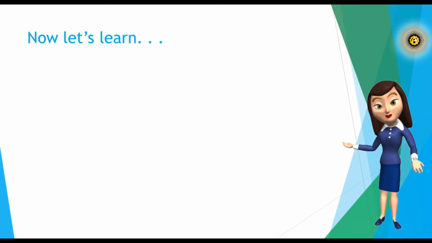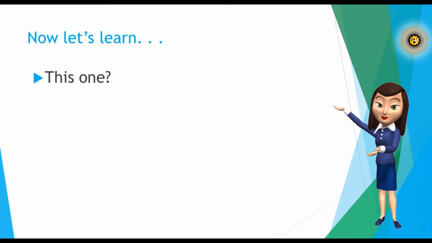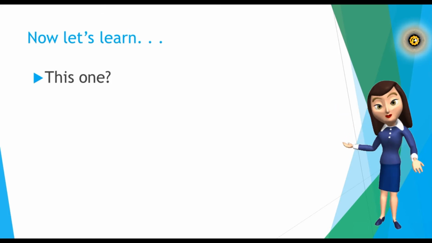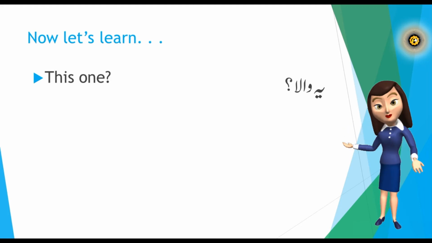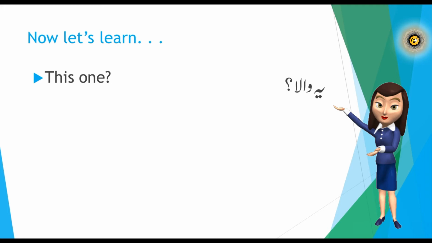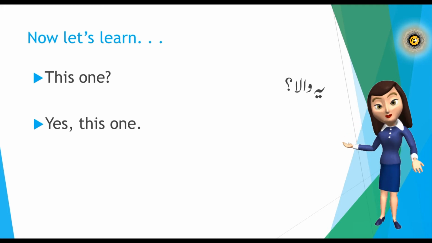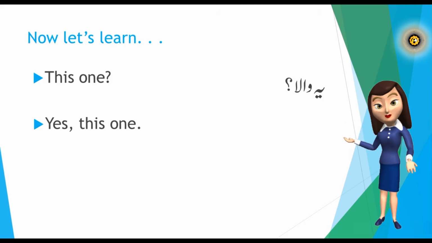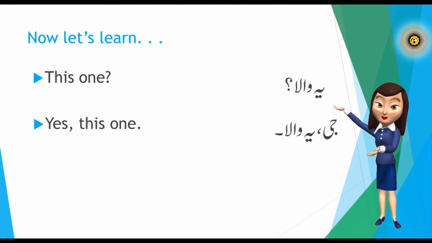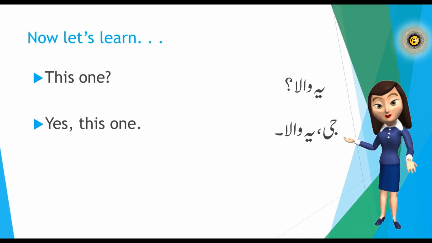Alright, now let's learn to say this one. In English we say this one, and in Urdu it is ye wala. If that's the one, then we say yes, this one, and in Urdu it is ji, ye wala.